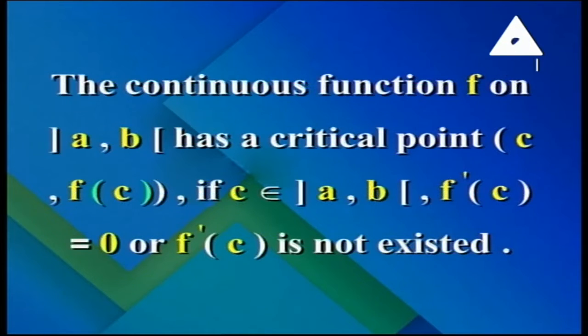The function is continuous on an open interval and has a critical point, this point c and f of c. c belongs to the open interval a b, and f dash c equals 0 or f dash c does not exist.